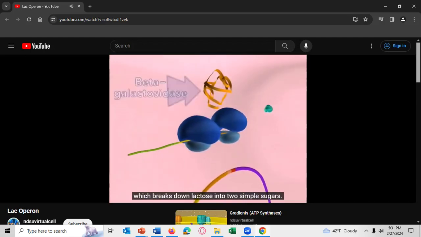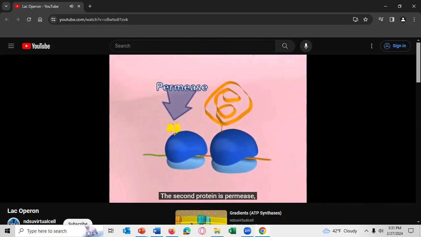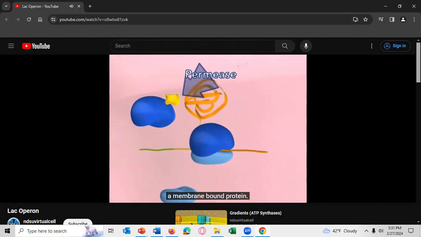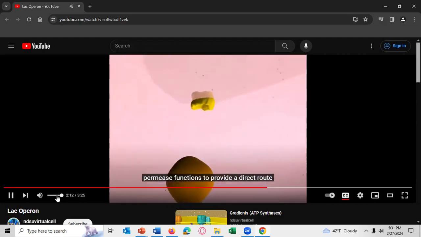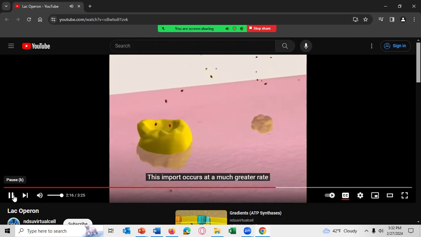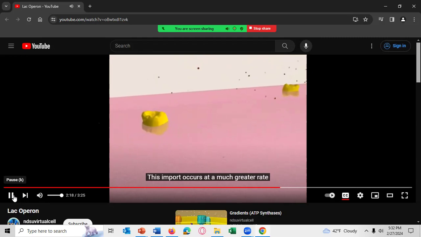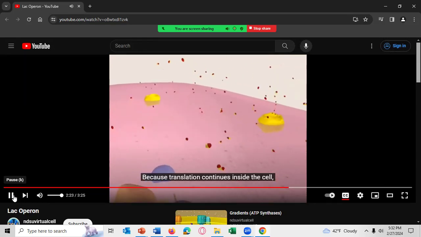The first protein is beta-galactosidase, which breaks down lactose into 2 simple sugars. The second protein is permease, a membrane-bound protein. When embedded in the cell membrane, permease functions to provide a direct route for the lactose outside the cell to be imported into the cell. This import occurs at a much greater rate than the passive transfer we first observed.